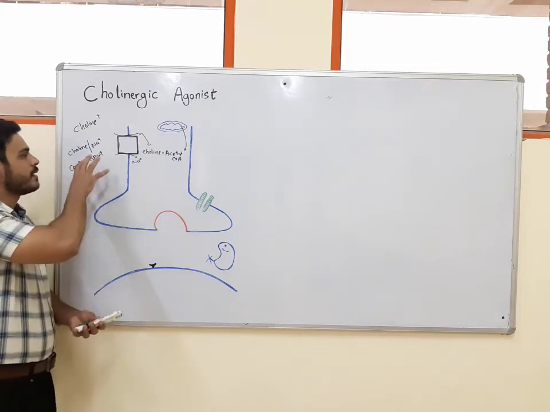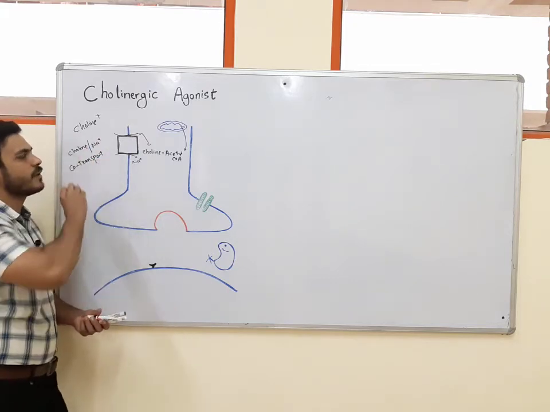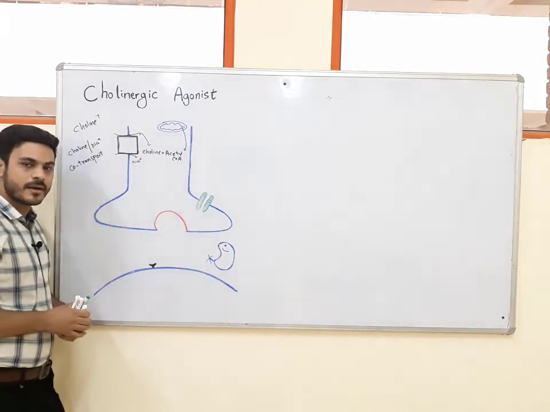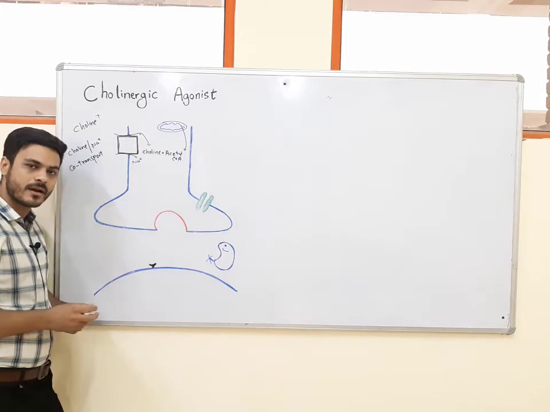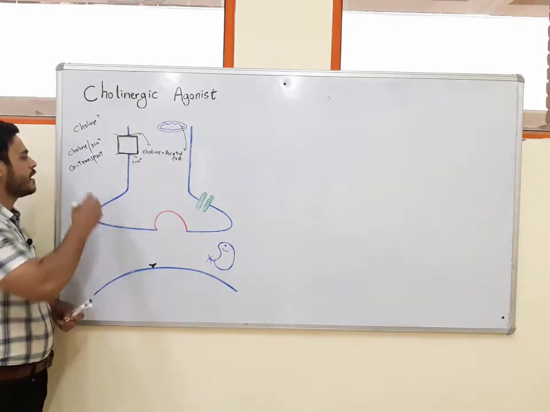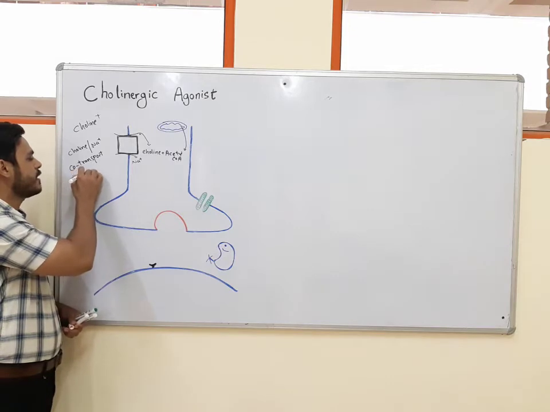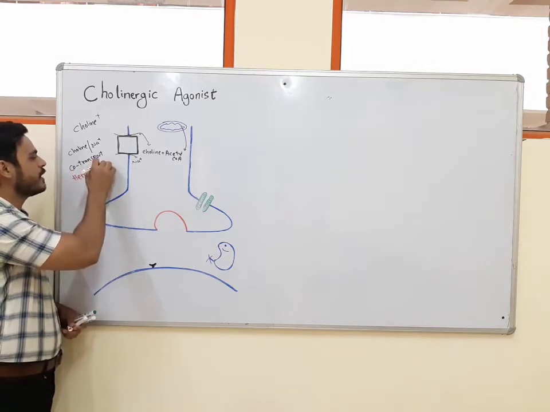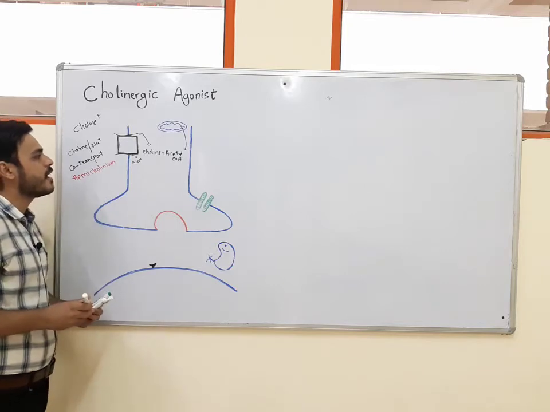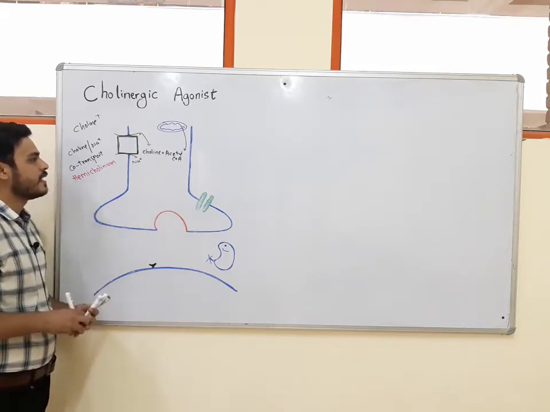This step, uptake of choline from the extracellular fluid, can be inhibited by one chemical which is hemicholinium. Hemicholinium can inhibit the first step of synthesis of acetylcholine.